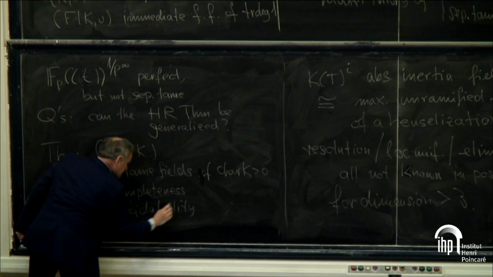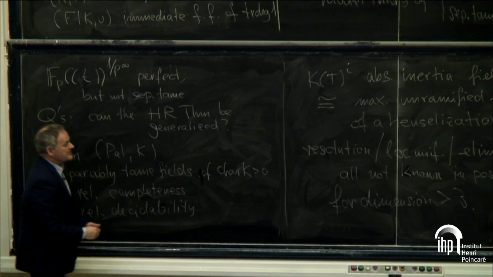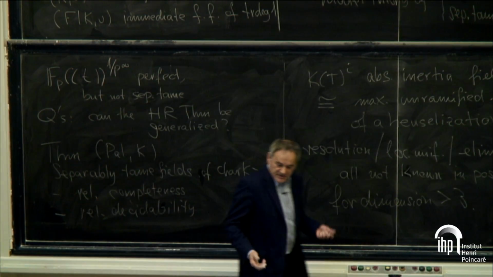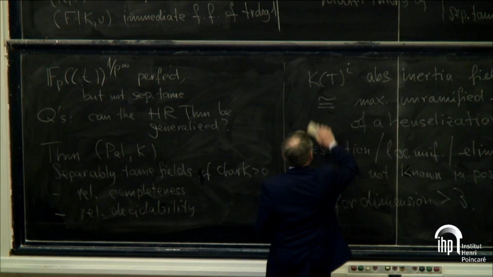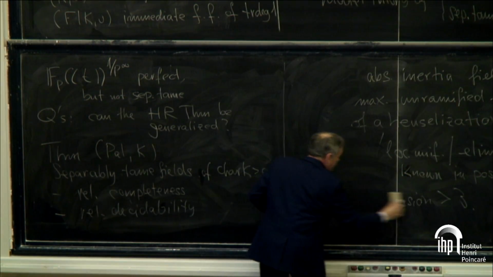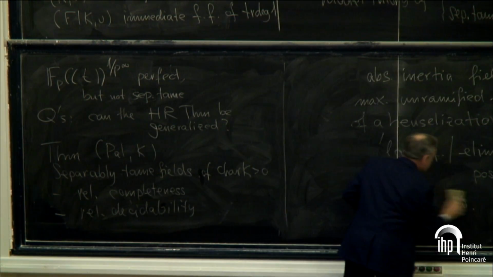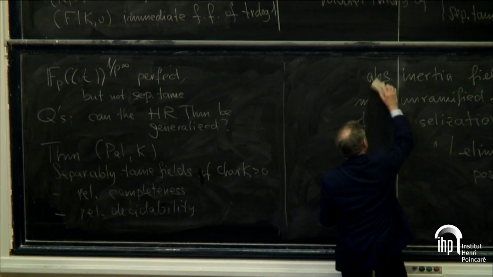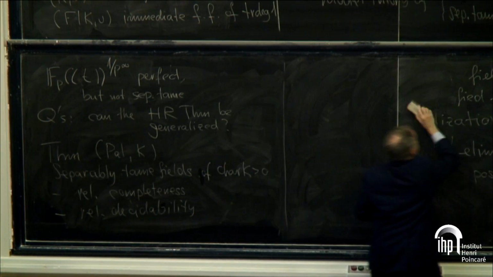But now you run into a problem when it comes to model completeness. You really have to guarantee that the extensions you deal with are separable. And that you can do by enriching the language by the so-called predicates of p-independence.